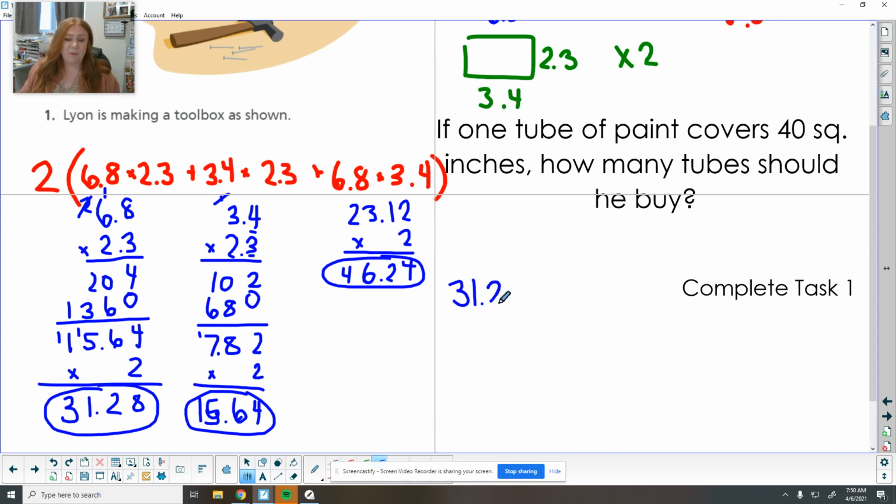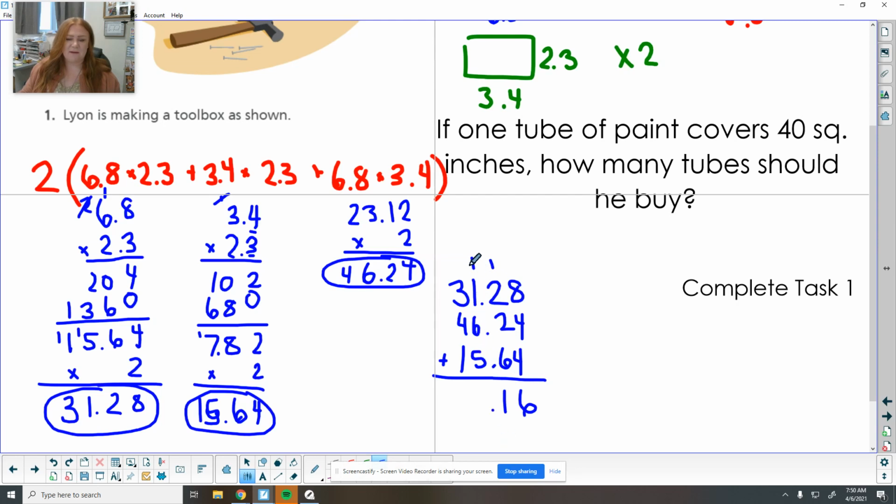So 31.28, 46.24, and 15.64. And because we're adding, we do want to make sure all of our decimals and places are lined up. So here's 8, and 8 makes 16. Here's 6, 7, 8, 9, 10, 11. Drop my decimal down.